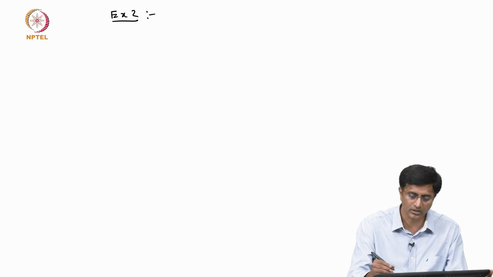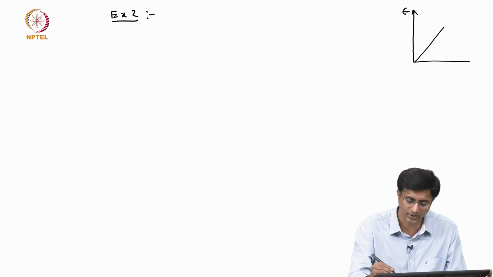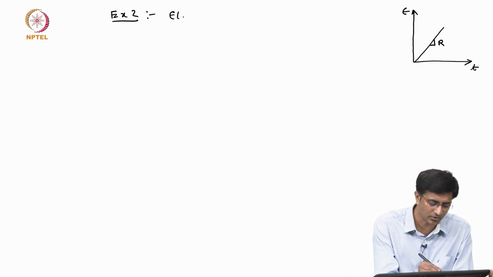Here we say the loading is a constant strain rate. So, the strain varies with time at a constant rate, and that value is r. How do we represent that? We say epsilon of t is equal to r t times h of t.